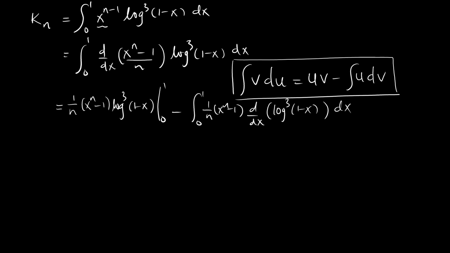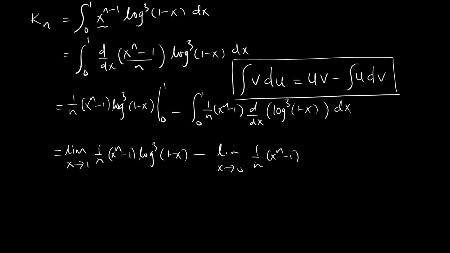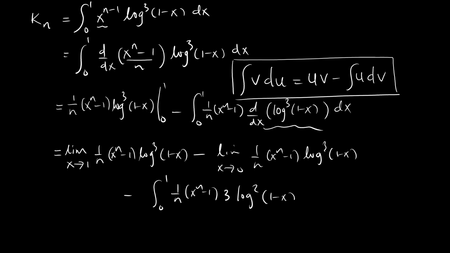Right, and this becomes the limit as x tends to 1 of 1 over n, x to the n minus 1, log 3 of 1 minus x, minus the limit as x tends to 0 of 1 over n, x to the n minus 1, log 3 of 1 minus x, minus the integral from 0 to 1 of 1 over n, x to the n minus 1, and then we have this guy becomes 3 log 2 of negative 1 over 1 minus x, like that.